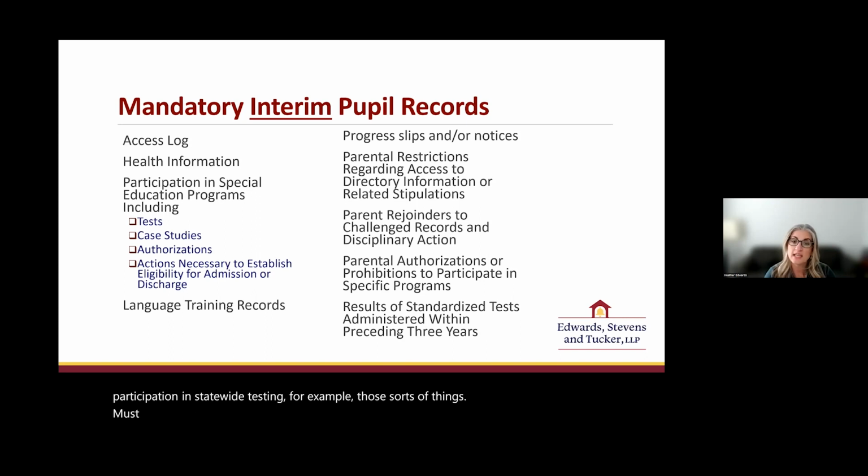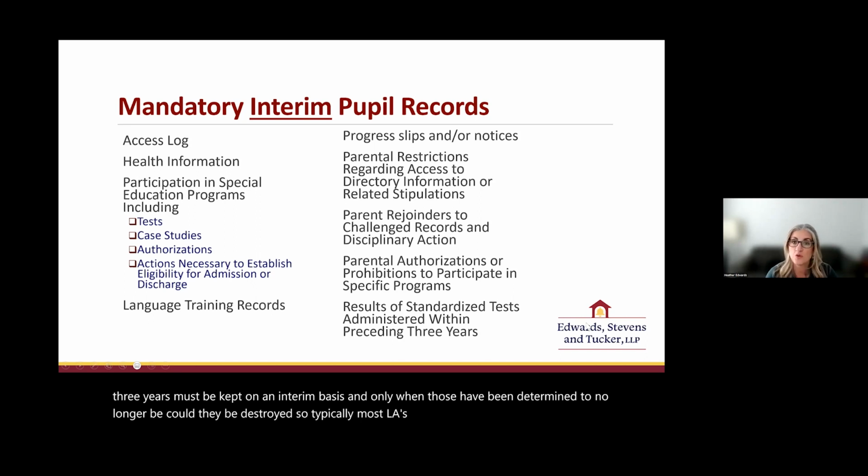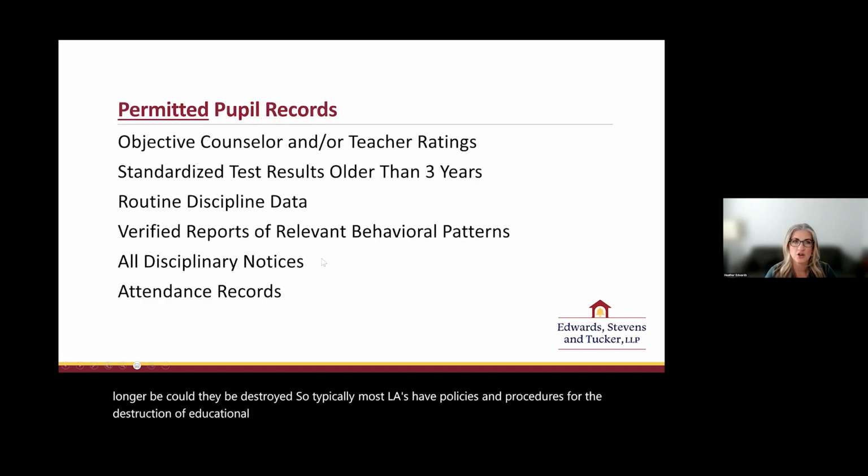And results of standardized tests that were administered within the last 3 years must be kept on an interim basis. And only when those have been determined to no longer be necessary could they be destroyed. So typically most LEAs have policies and procedures for the destruction of educational records and when that should occur.